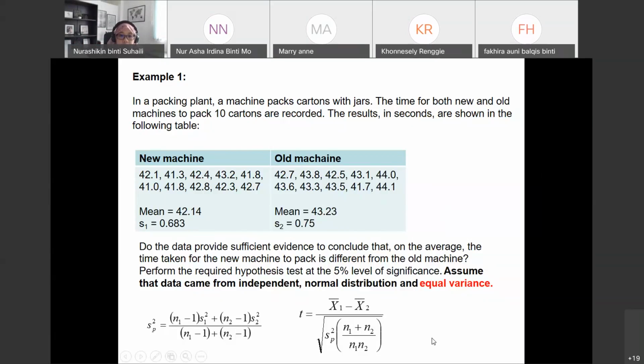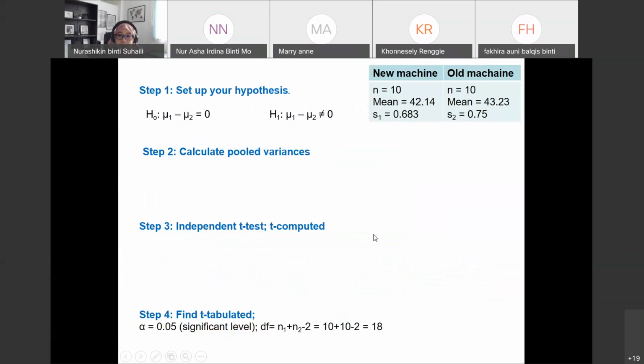The step is, this is the information, the hypothesis: you can define here a new machine as mu1, or sample 1, and old machine as the second sample, so that we know what mu1 refers to.